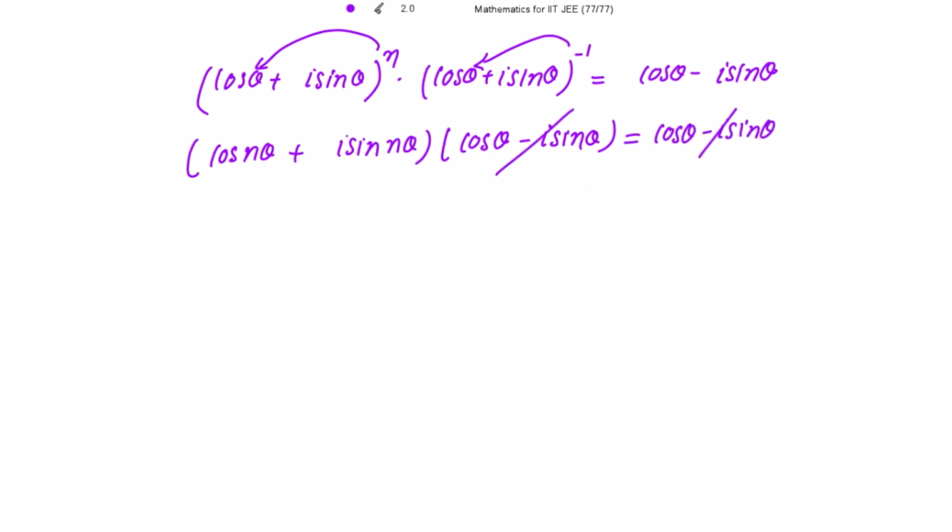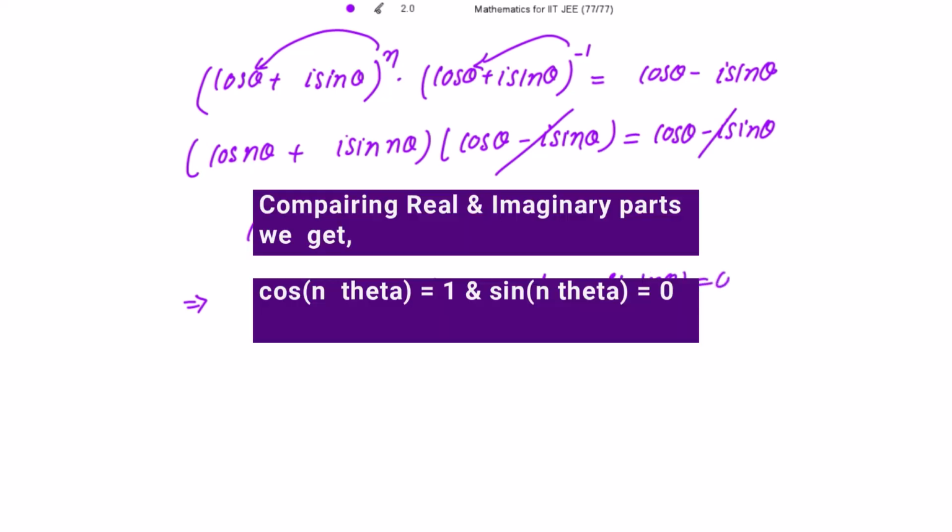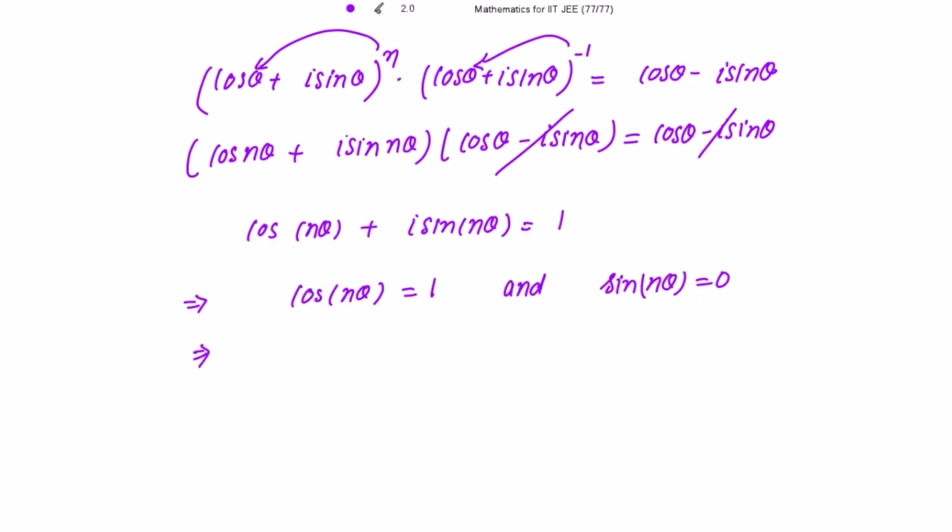These two cancel out. So we get cos n theta plus iota sine n theta is equal to 1. This implies cos n theta is equal to 1 and sine n theta is equal to 0. Then only this can happen. Now when is cos n theta equal to 1?